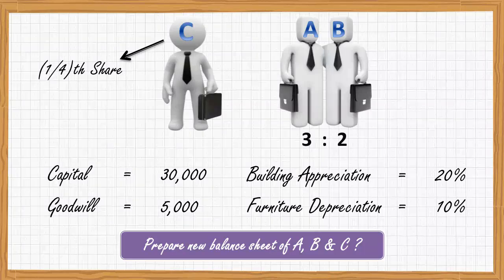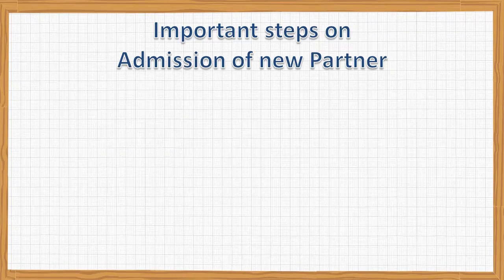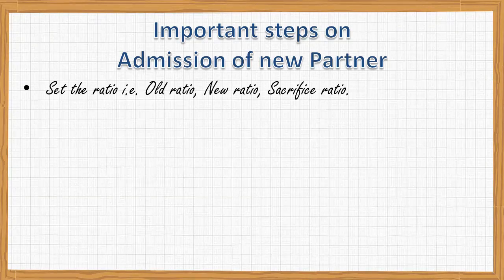Whenever there is question of admission of a new partner, you have to take the following steps. First of all, set the ratio, I mean to say old ratio, new ratio and sacrificing ratio.